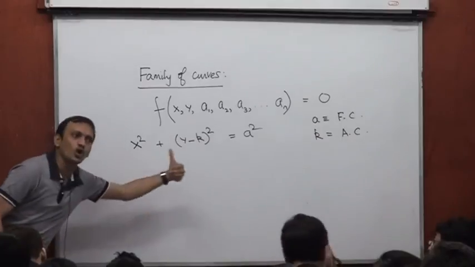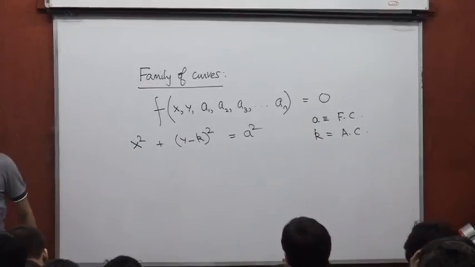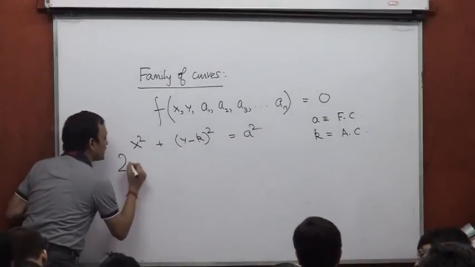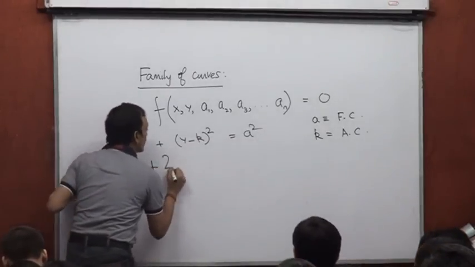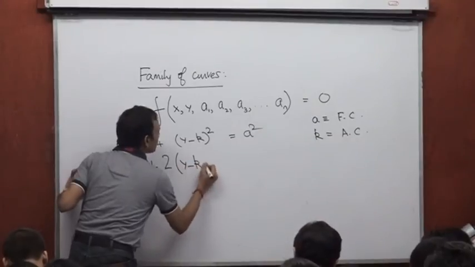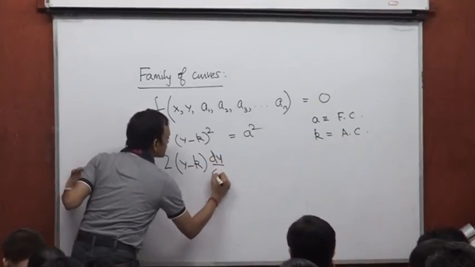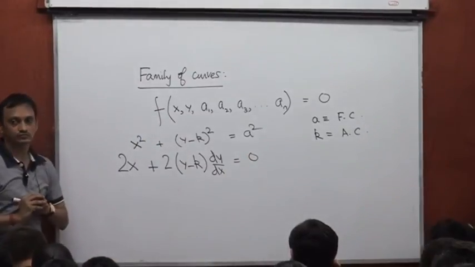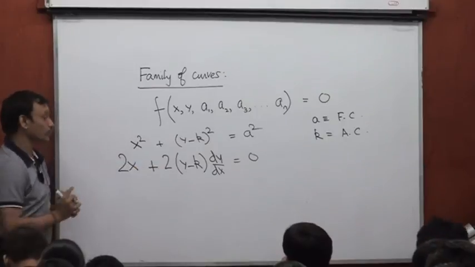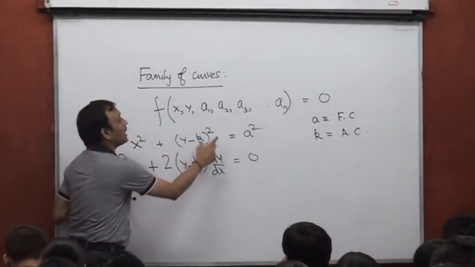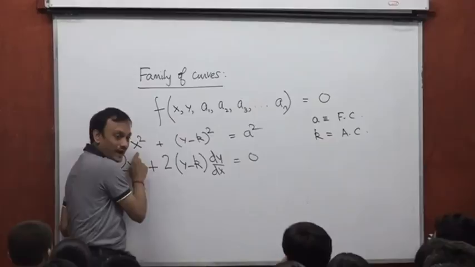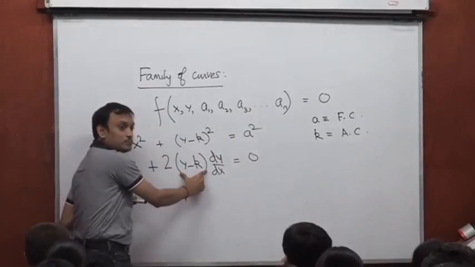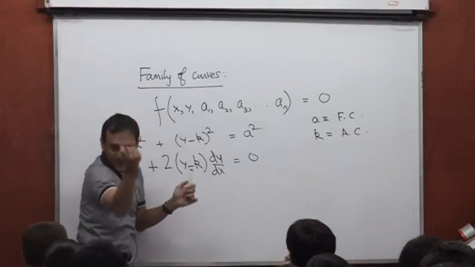So in any case, let's go ahead and differentiate both sides with respect to x. When we differentiate, we get 2x plus 2(y minus k) dy/dx equal to 0. I have to eliminate k. Realize that I could write y minus k as plus or minus root of a squared minus x squared, which I can plug into this and dispense with k.